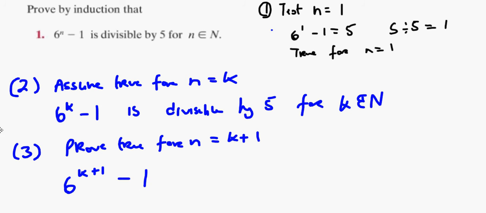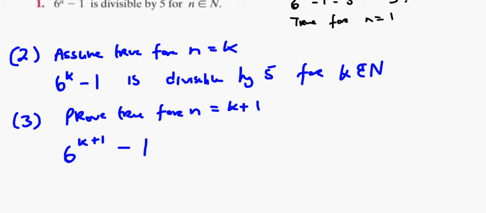Now what is 6 to the power of k plus 1? What does that actually mean? So the skill is using part 2 in part 3 every time. You've got to recreate part 2 in part 3. Alright, so I'll explain what I mean by that.